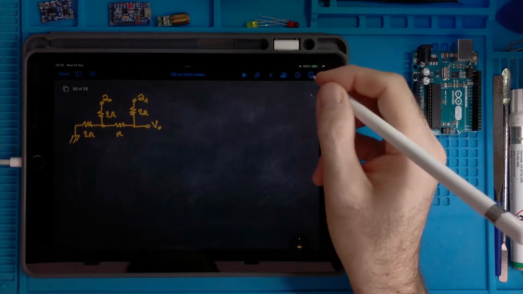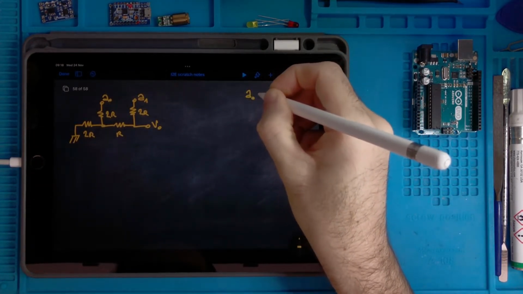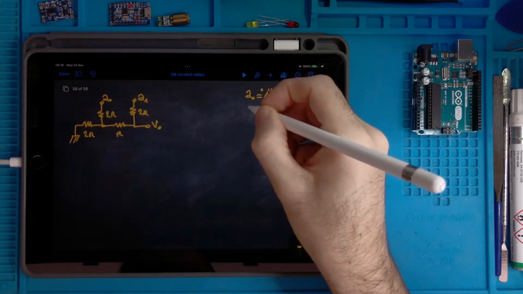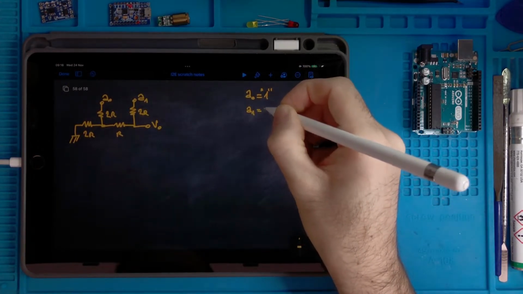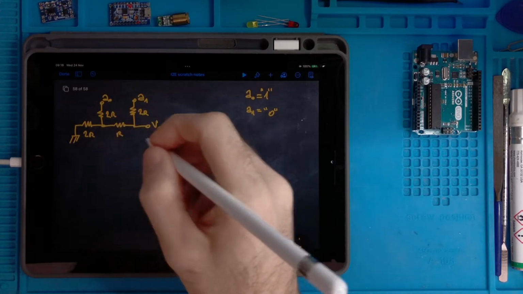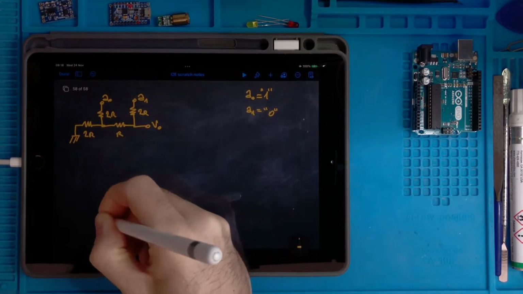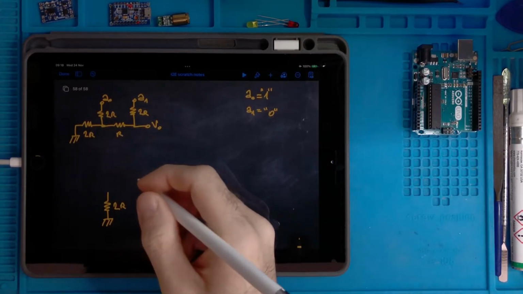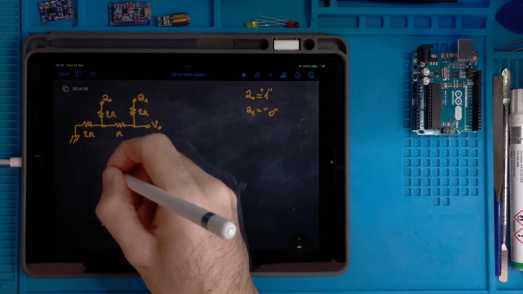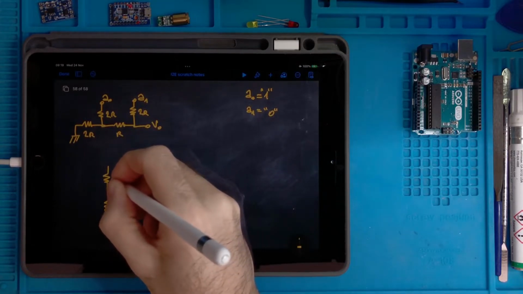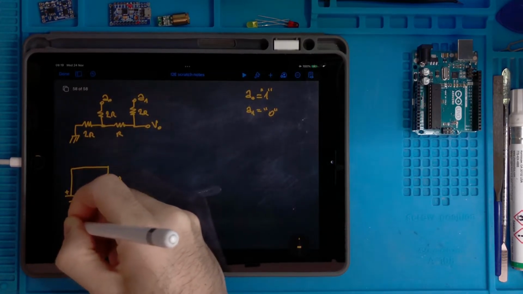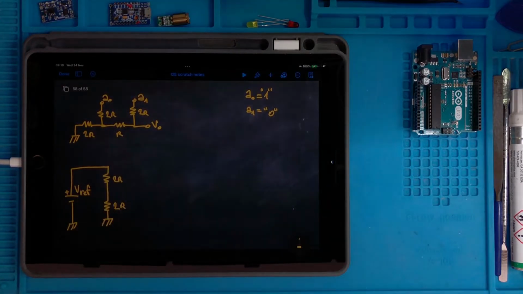So let's try to analyze the case A0 equals 1, logic 1, let's say, and A1 equals 0. So we have to redraw the circuit. So it's like this. 2R, then A0 equals 1. This time A0 is connected to a generator. Let's put it like this. So this is V reference.